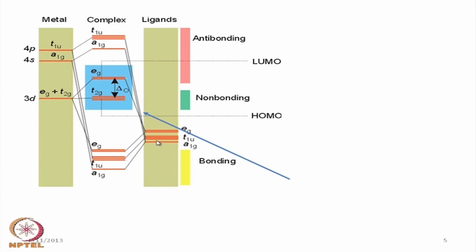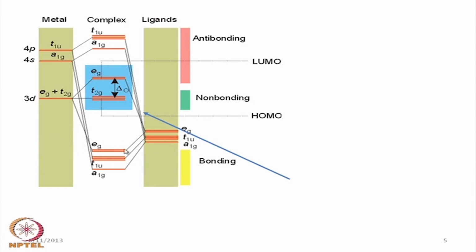Then we have the available Eg symmetry from the d orbitals, that means dz square and dx square minus y square, and these two orbitals, when interacting with the corresponding Eg symmetry orbitals from the ligand side, provide an Eg bonding level as well as an Eg anti-bonding level. So, we have the empty level as the Eg level, which is anti-bonding in nature, but the Eg bonding level is lower in energy.